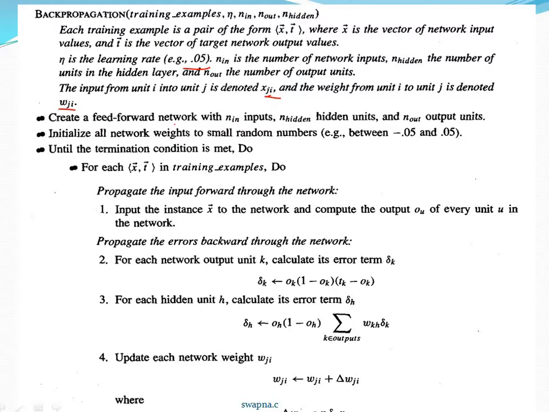Here we create the feed-forward network with N in input units, N hidden hidden units and N out output units, and initialize all the network weights to some random values. Whenever we construct a multi-layer network, generally we initialize the weights with small random numbers, from minus 0.05 to plus 0.05.